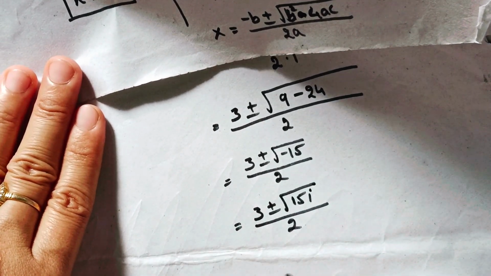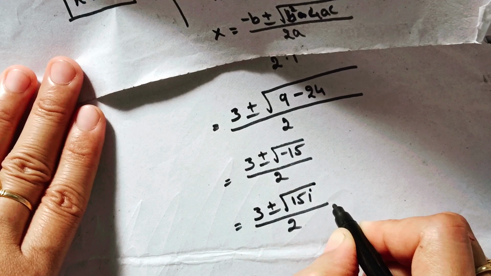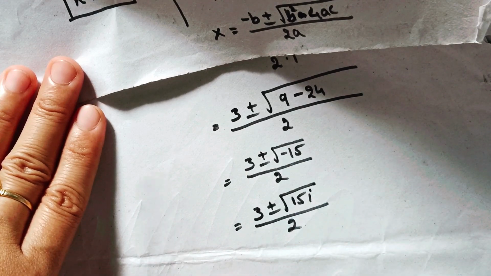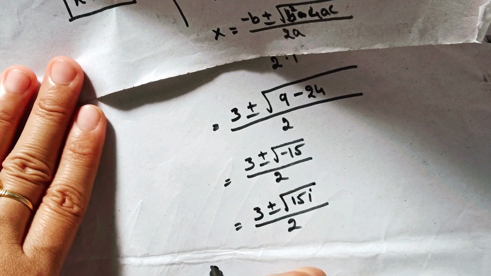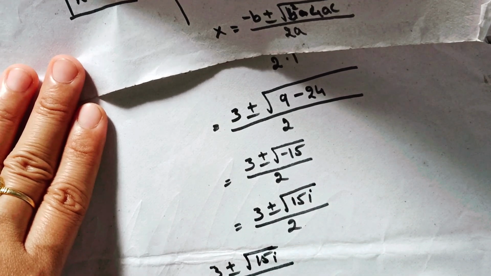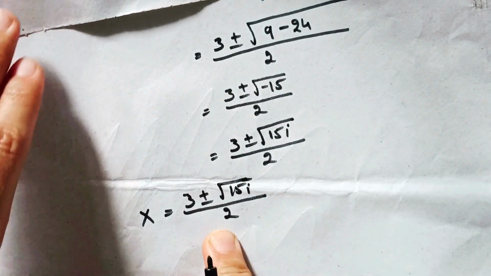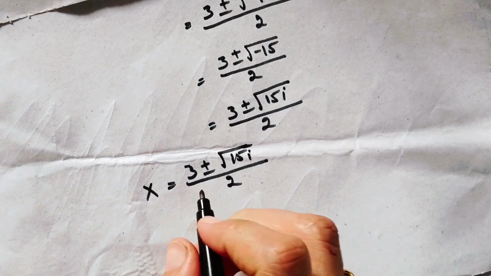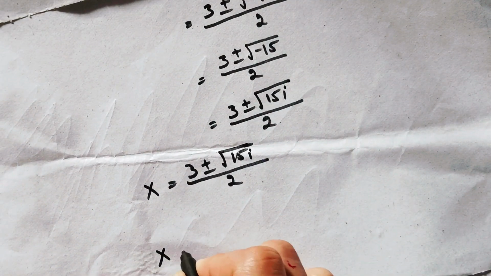Therefore clearly we have 3 roots. Therefore x equal to 3 plus or minus square root of 15i divided by 2. These are the two roots of x here. Means total we have 3 roots.